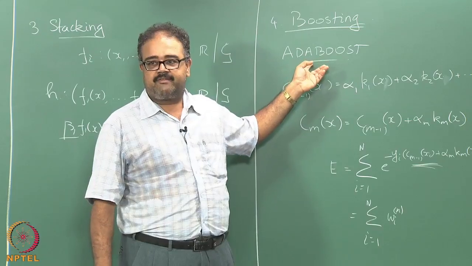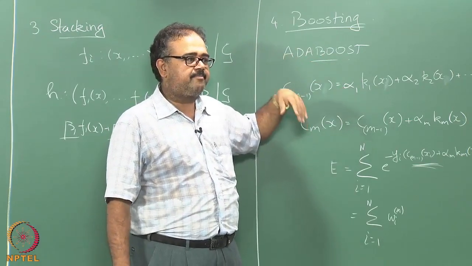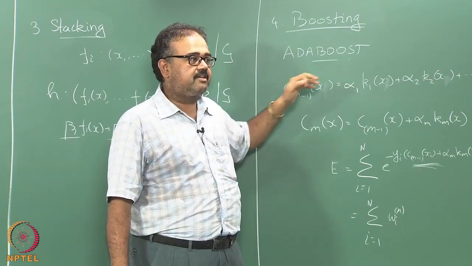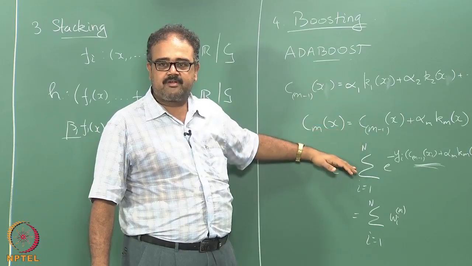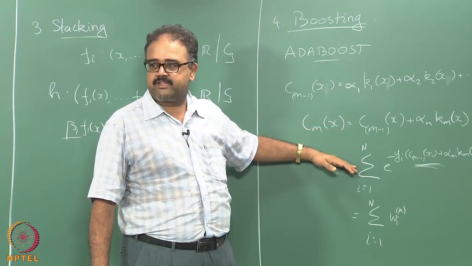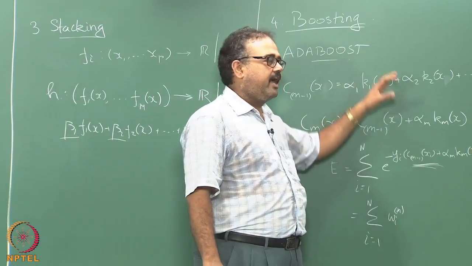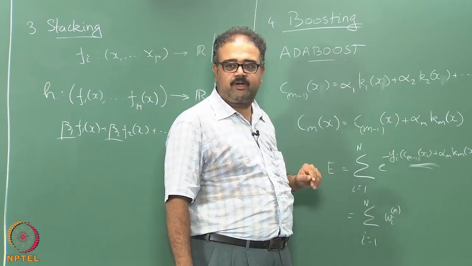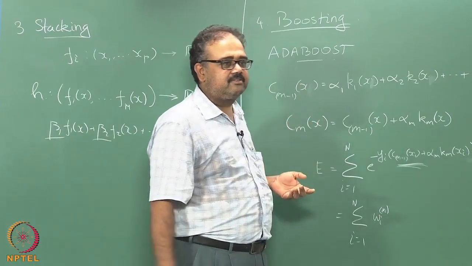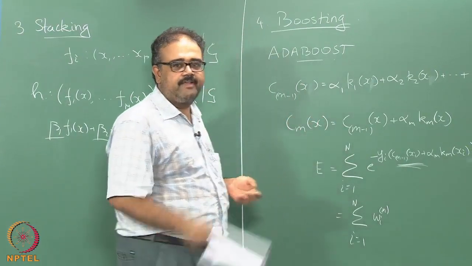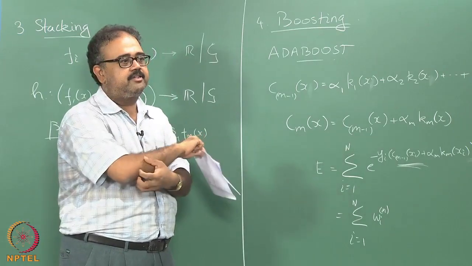AdaBoost was derived in a completely different way, and about 5 years after they published AdaBoost, they discovered the connection between forward stage wise additive modeling and exponential loss. They said, okay, I can do forward stage wise modeling with an exponential loss function, I end up with AdaBoost. That connection was discovered 5 years later, but now almost always, except in the theory community, in the machine learning community, it is introduced like this.